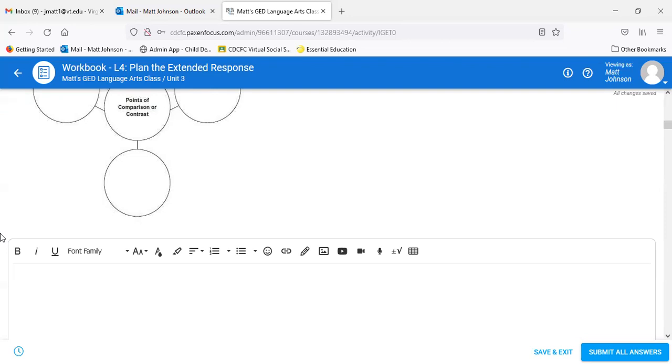Point of view. Okay. So we'll put point of view here. And then I'll make our own little flow chart here. So what would be next? You want to do tone next or reasons next? Reasons. Okay. And then tone, at least we did 3.